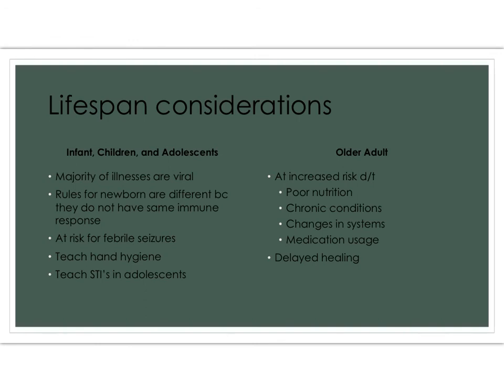This is something we want to educate the parents about. We want to teach parents or just the general population about good hand hygiene. And then when we get to adolescence, we want to make sure that we talk to them about sexually transmitted infections. Often when we are talking to an adolescent about a STI, if they're sexually active, we need to talk to them in private because this is something that they might not want to talk to you about in front of their parents.